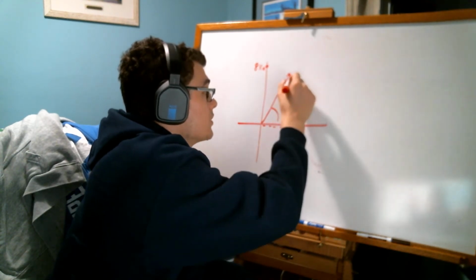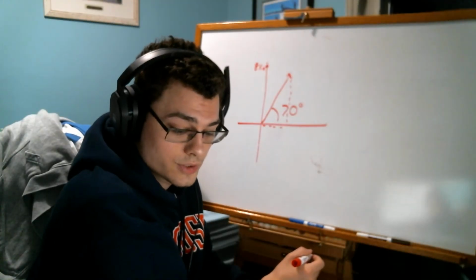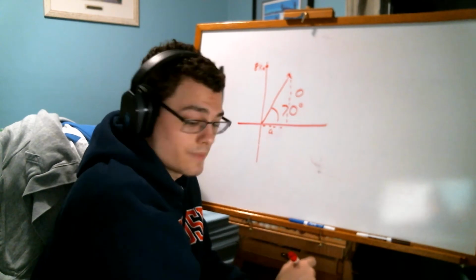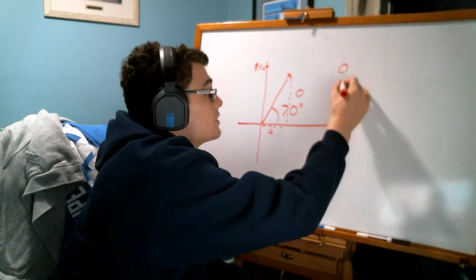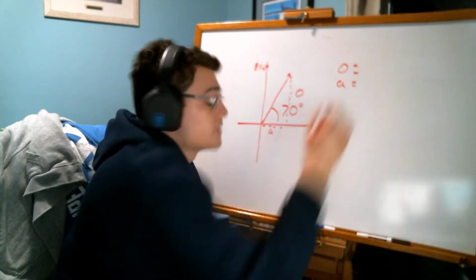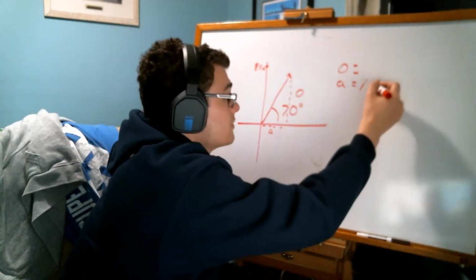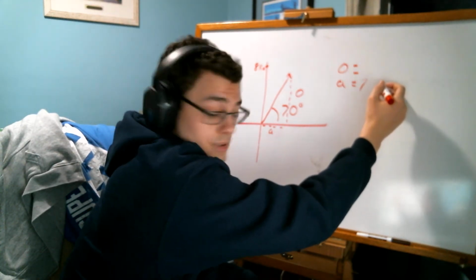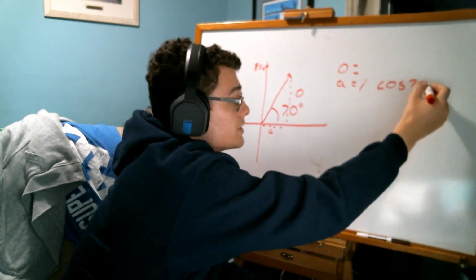So all you have to do for this is very quickly, you can just say the adjacent part of this and the opposite part of this, using your trig functions that we've been doing all year. We have adjacent here, we have opposite here, and we can just write those out. And so the adjacent is just going to be 7 times cosine of 70 degrees.